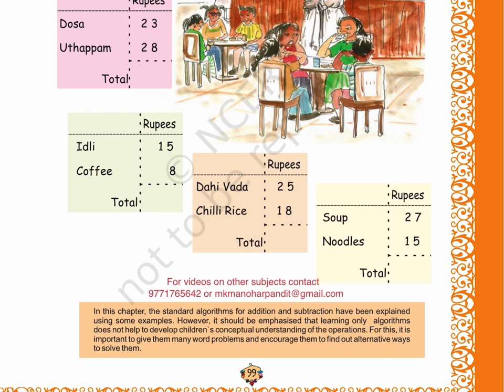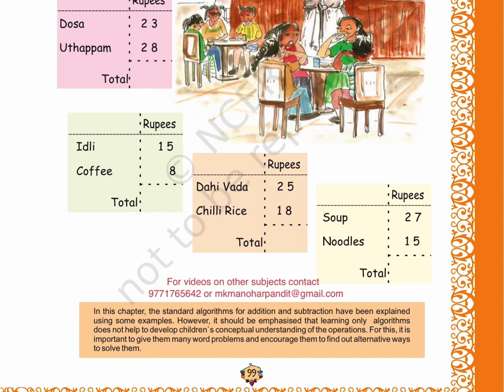Dahi vada costs rupees 25 and chili rice rupees 18. Then what will be the total bill amount? Row 1, column 1, dahi vada, column 2, rupees 25. Row 2, column 1, chili rice, column 2, rupees 18. Row 3, column 1, total, column 2, rupees dash.